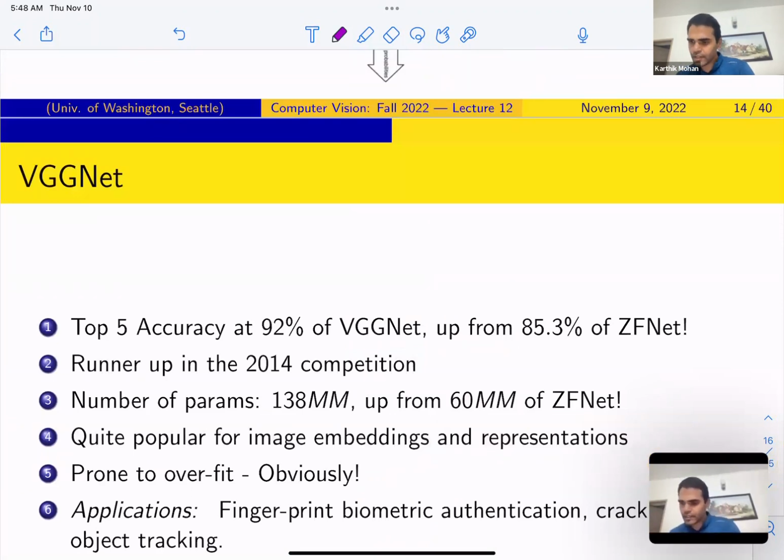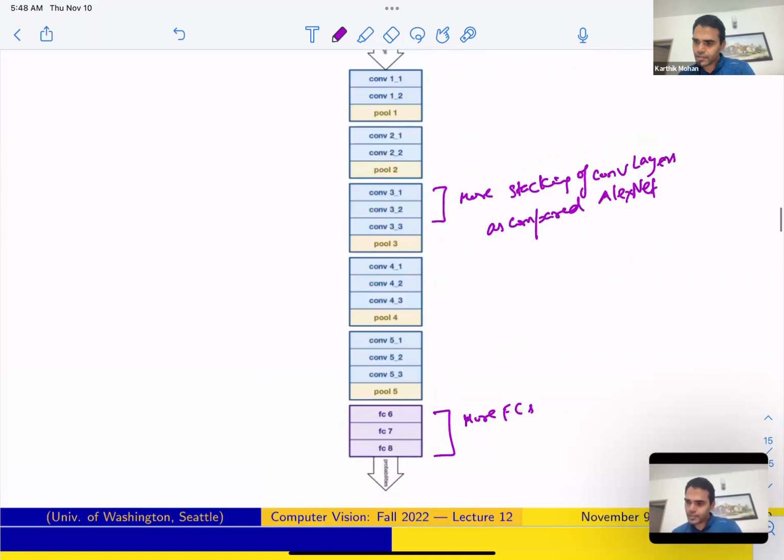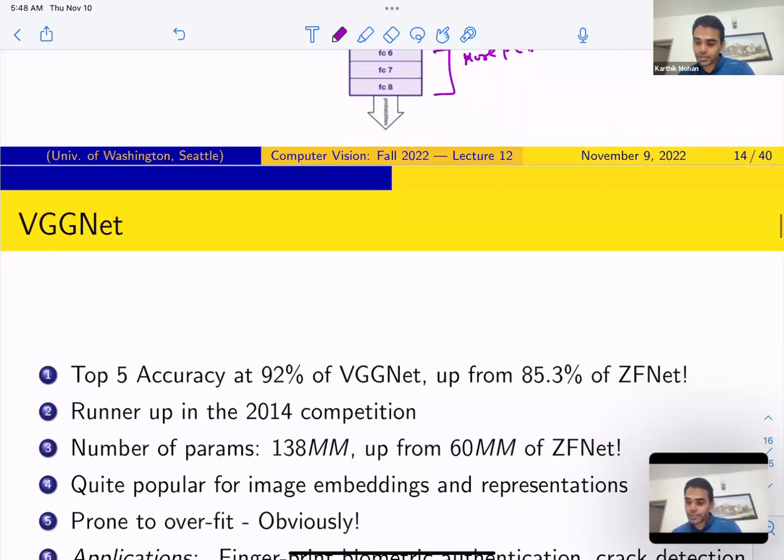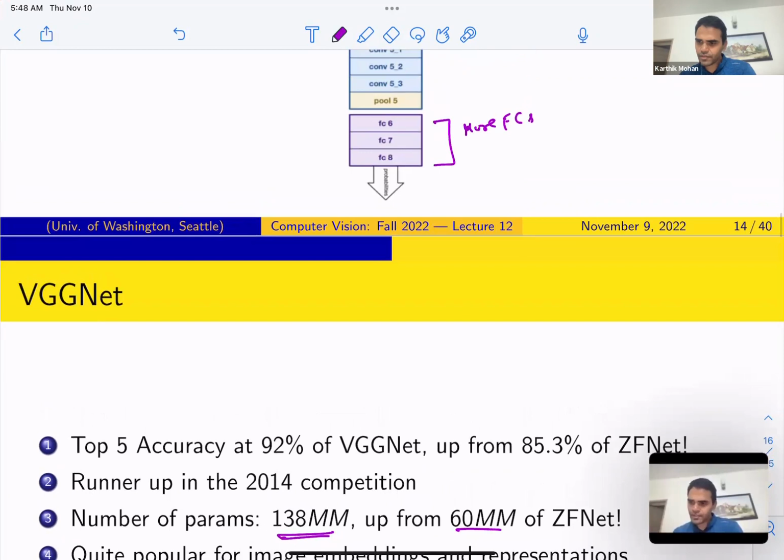And you can see the idea here is you can get better and deeper representations using the stacking, and you can learn more complex functions, provided you don't overfit, because the number of parameters in VGGNet has gone up from ZFNet because you've added all these layers, especially the last 3 fully connected layers, which add a lot of parameters.